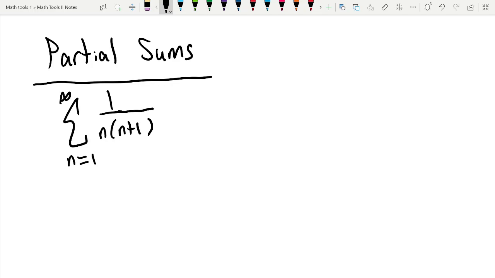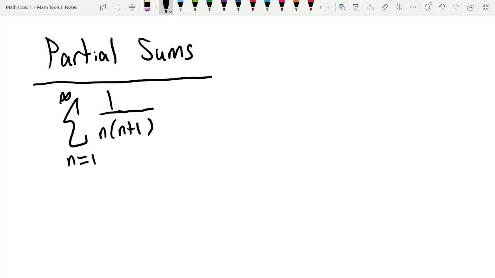This one's pretty similar to the series of 1 over n squared, which shouldn't be too surprising because it's close to n squared, except one of the terms is n plus 1, right? So we would expect it to converge. Typically when series are pretty close to each other, we would expect them to behave the same way, and we'll look at that a little bit later.